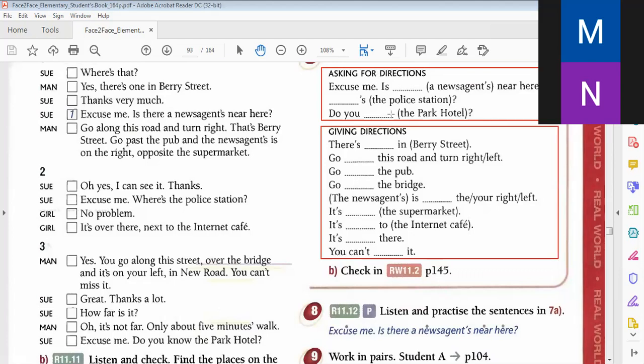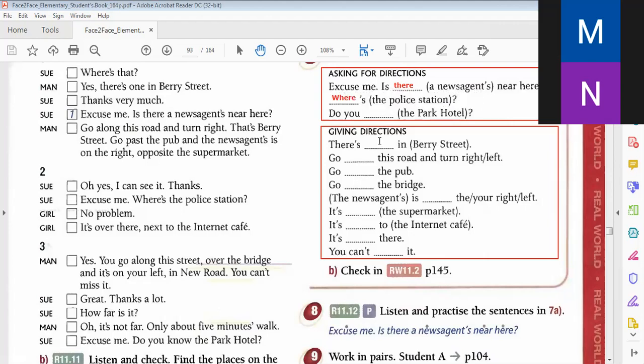Okay, what about number 1 on the media? Excuse me, is there a newsagent near here? Okay. What about the next one? What do you think? Where's the police station? Okay, let's write it.